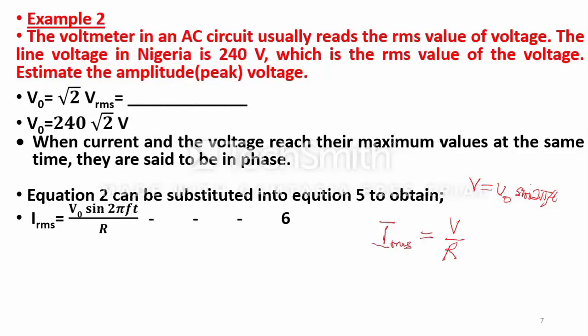So when we do that, we will get V naught sine 2 pi ft, which is what we have written here in this equation.